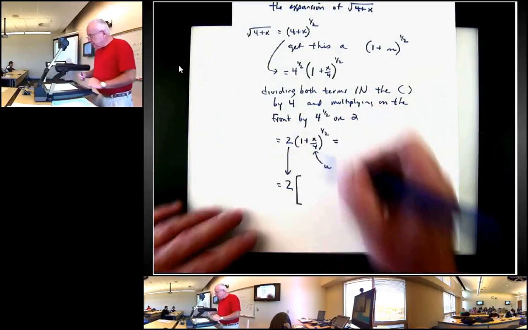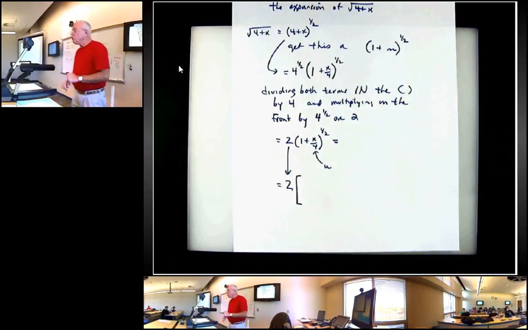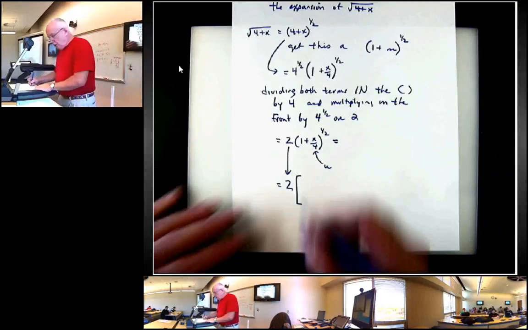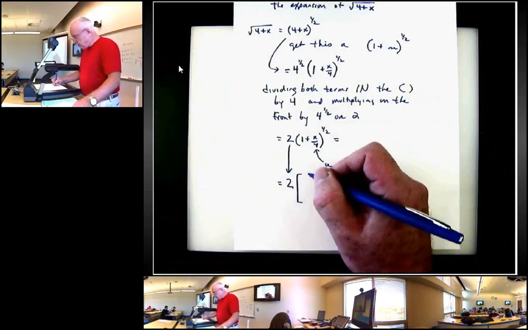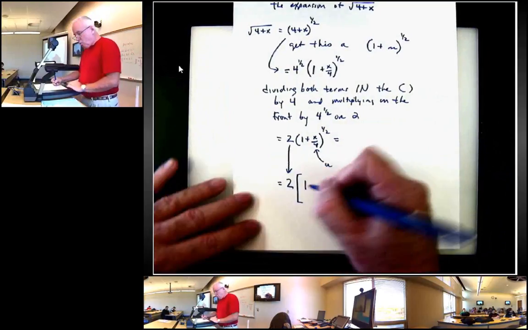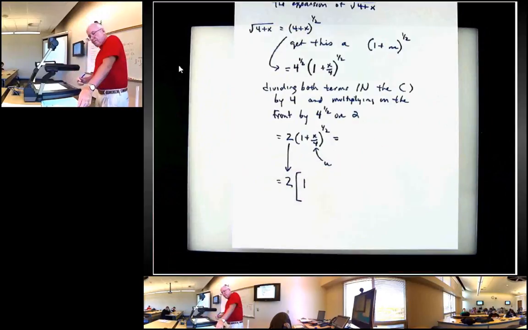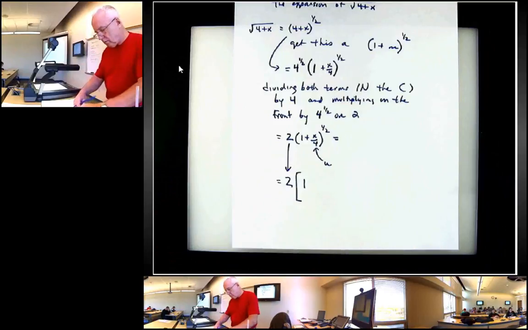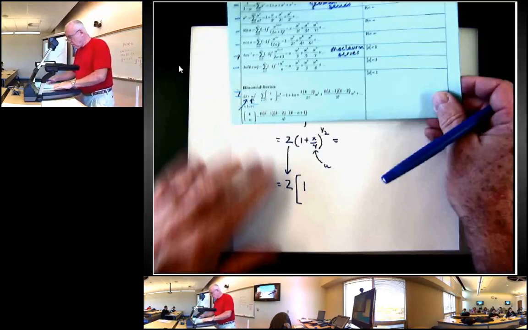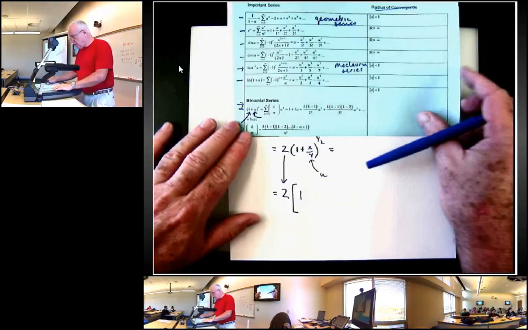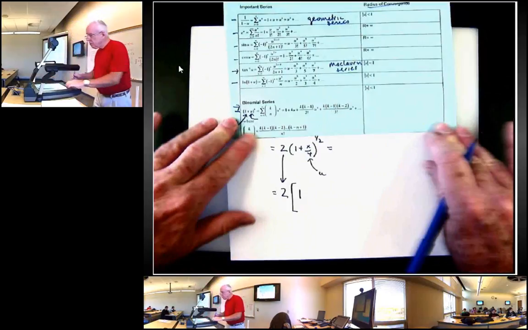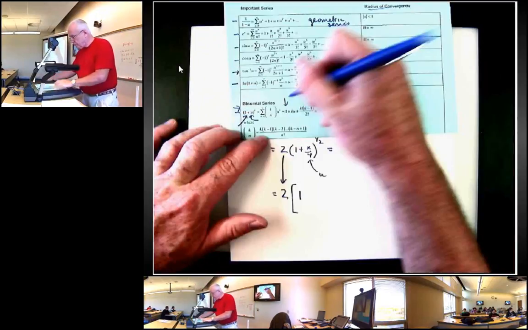Now I'm going to get the first 4 terms of the expansion here. So when we look at the formula, my first term is a 1.